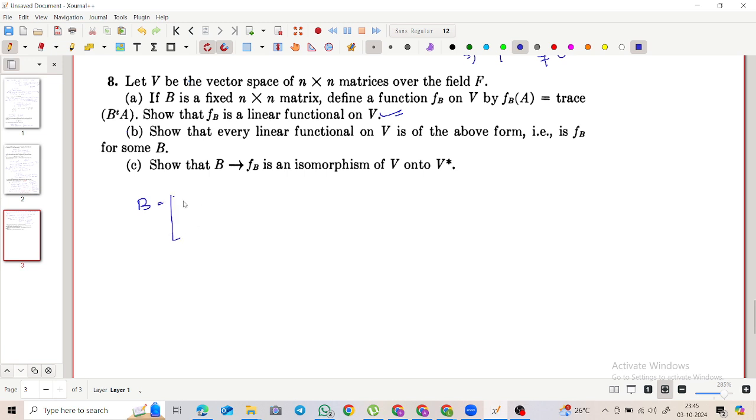Suppose B is B11, B1n, Bn1, Bnn. So what is B transpose A?